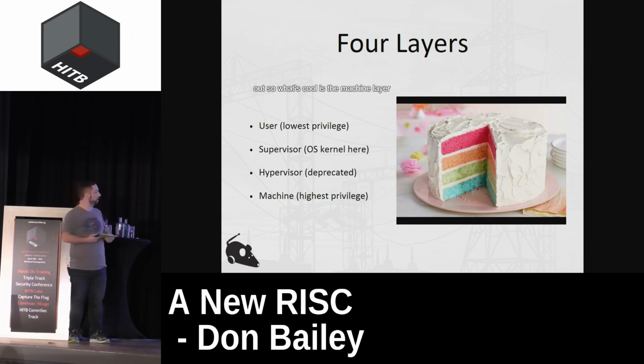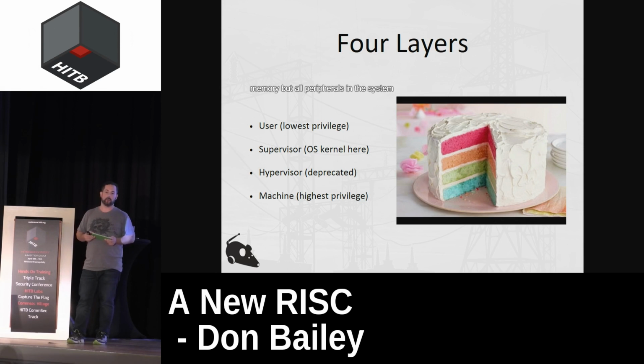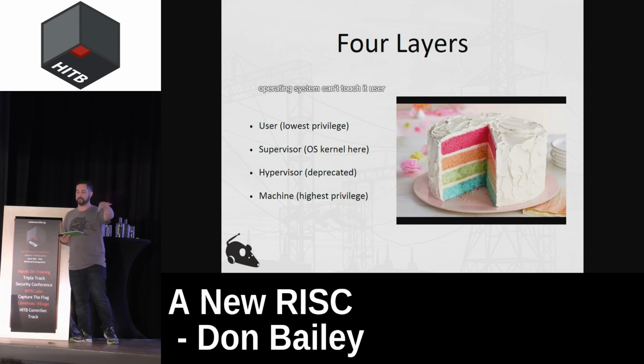So what's cool is the machine layer. So the machine layer controls the entire environment, right? And the entire environment being not only physical memory, but all peripherals in the system that you want a supervisor to see. And this is where things get cool, right? Because you already have the machine layer of instructions executing at the highest privilege. The Linux kernel operating system can't touch it.